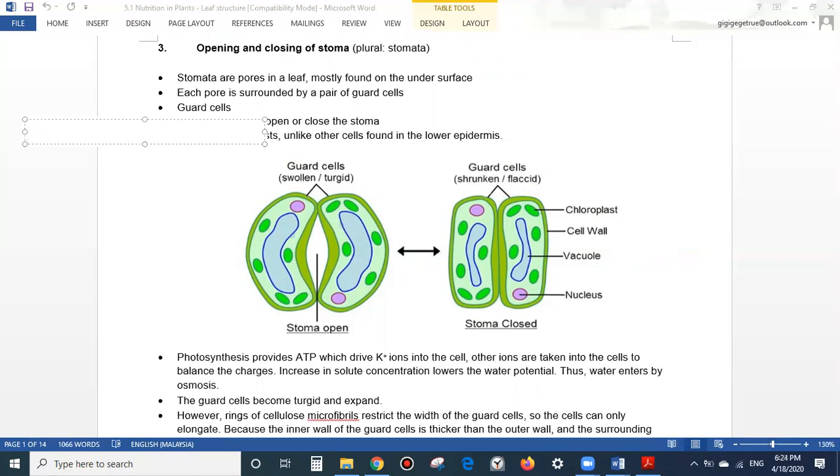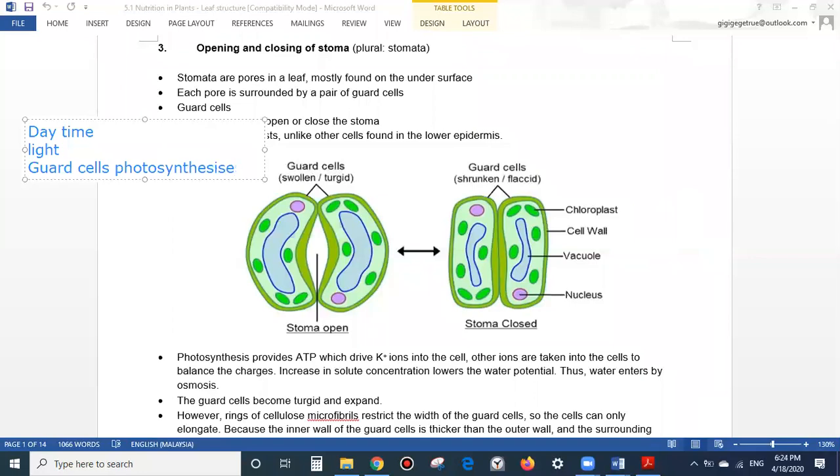In the presence of light, that is during daytime, there is light. So remember the guard cells have chloroplast. So guard cells will photosynthesize.